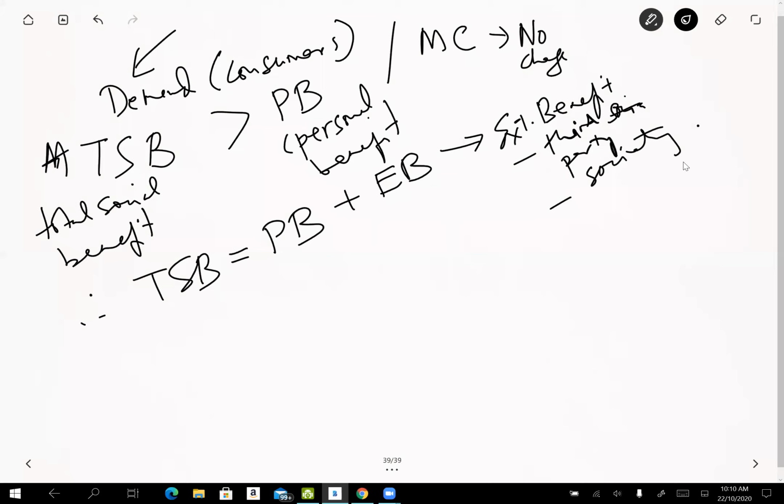Now this extra benefit, this external benefit, is just like external cost. It will not be measured by the market. When the person who consumes that destination, he doesn't take into account the benefit that he generates to other people in his decision-making process. He just considers his own benefit, but indirectly there is external benefit. It's not reflected in the market when they make the decision, just like the external cost.